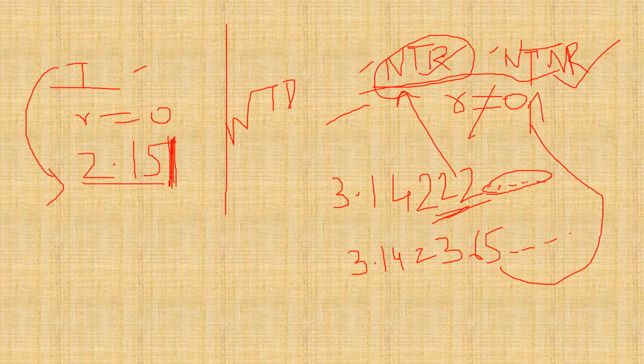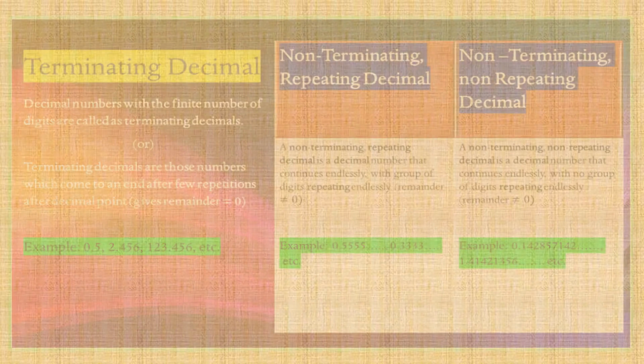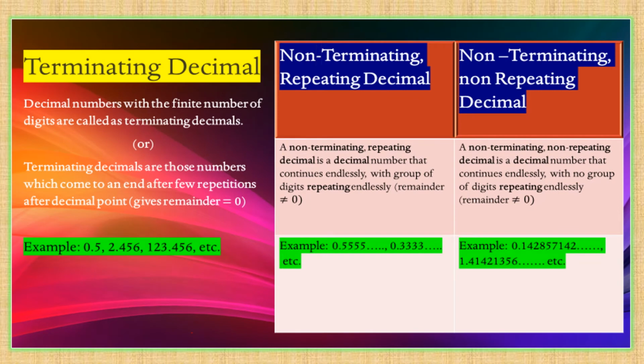So here the statements will be given like this. Decimal numbers with a finite number of digits are called terminating decimals. So what is this finite number of digits? Finite means there will be a limited number of digits. Here after the decimal, if you see this example, there are 3 digits and there is no continuation symbol, no "so on" symbol.